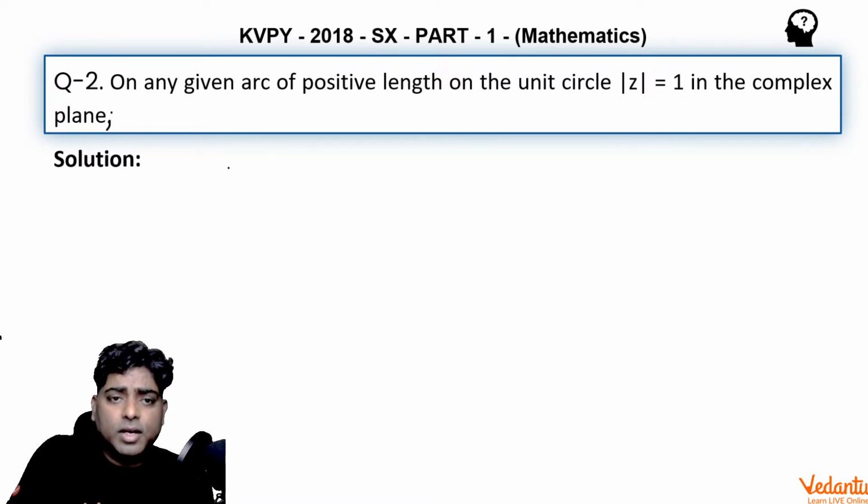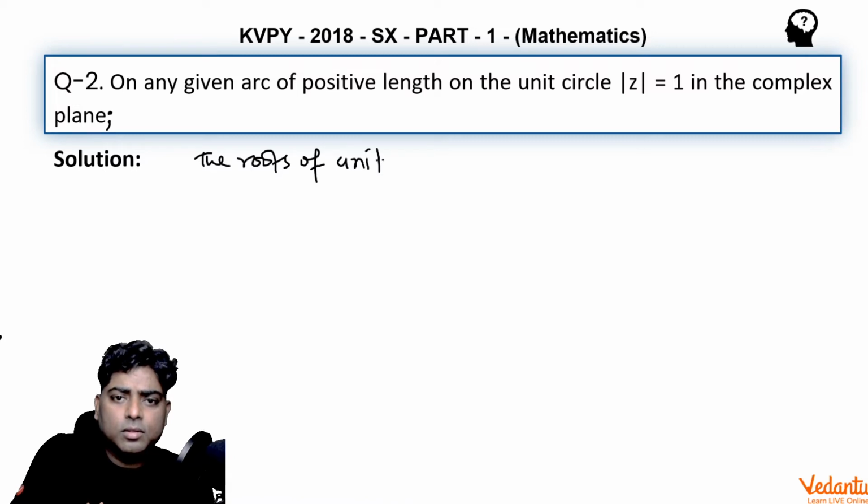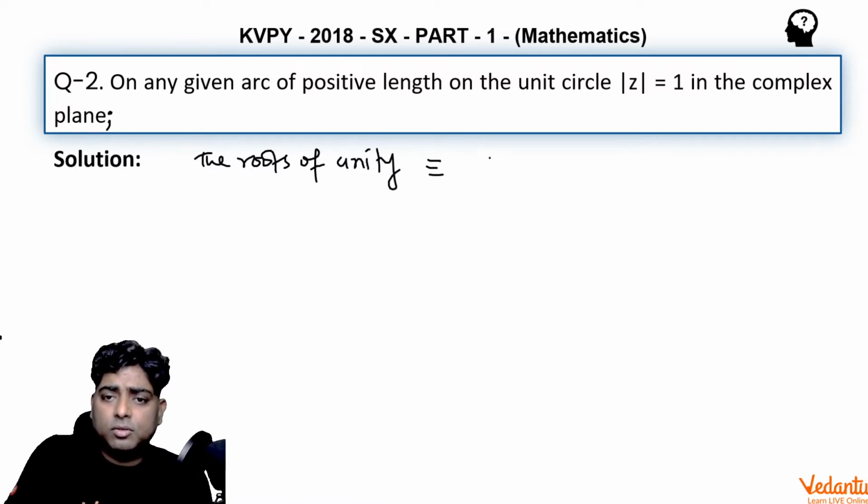Considering roots of unity, the roots of unity means the roots of the equation z^n = 1.